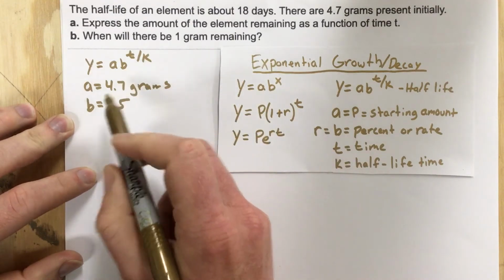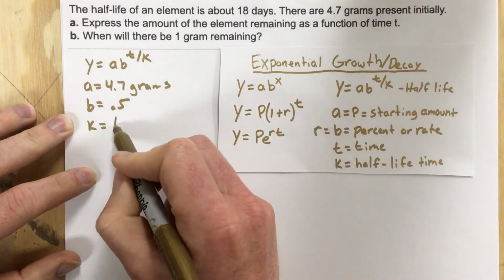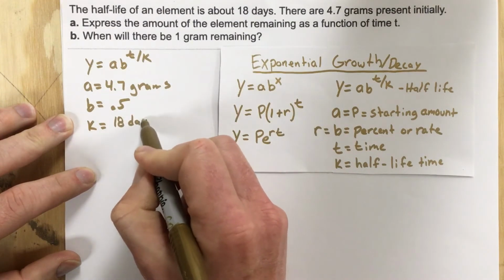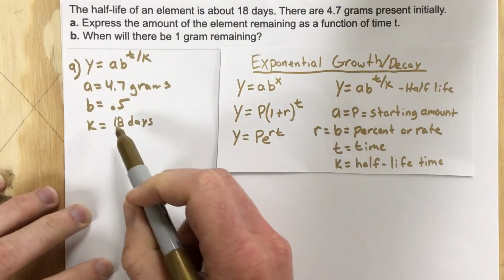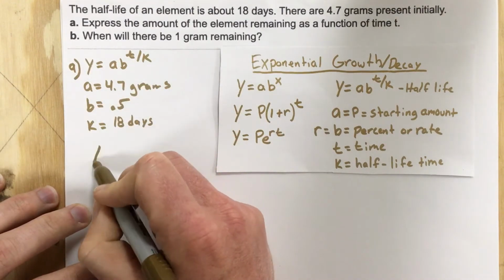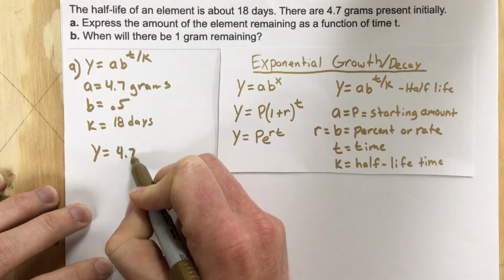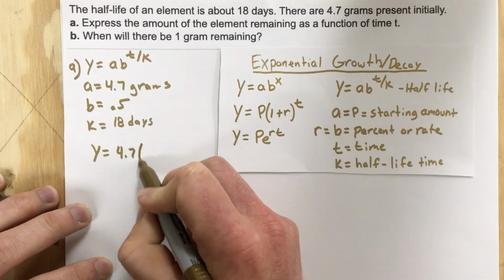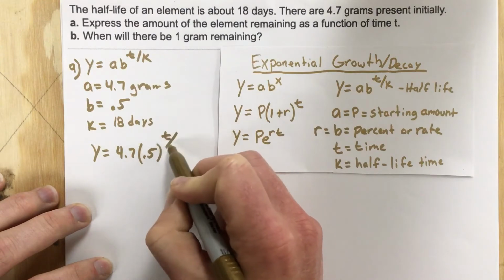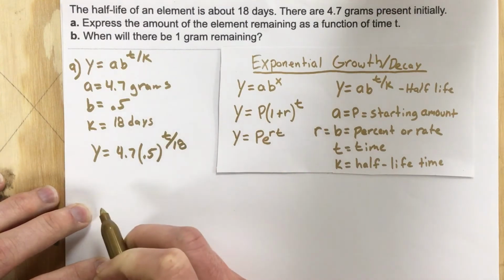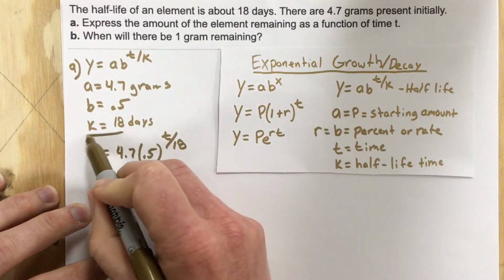And then K is the half-life time, which is 18 days. So if we plug all those in, we end up with y equals 4.7 times 0.5 to the t over 18 days. So the time over the 18 days. So this is our formula for part A.